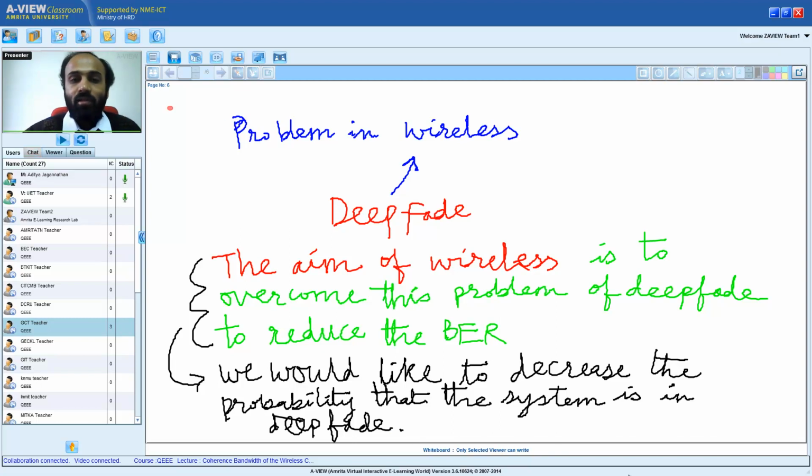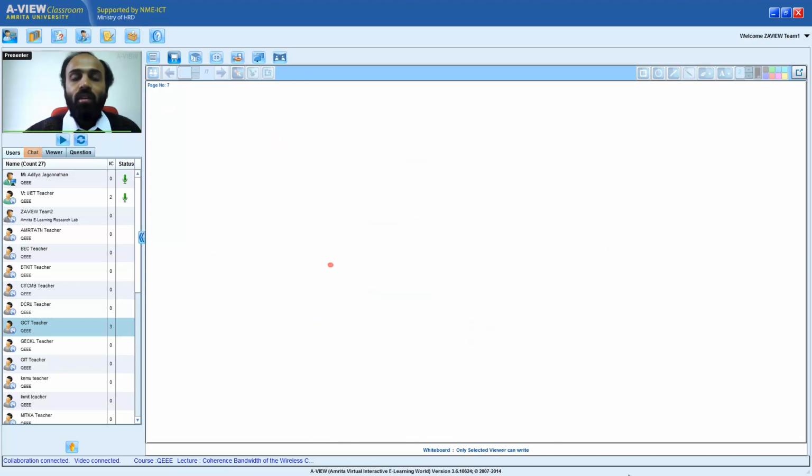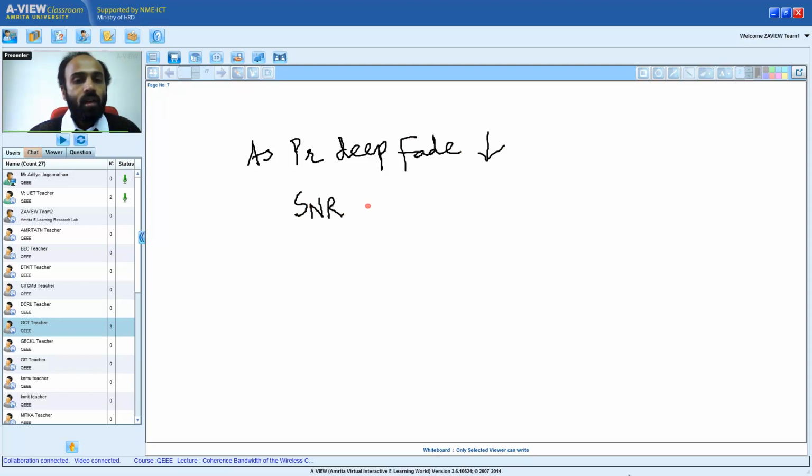So basically, if I have to represent it by a figure, as the probability of deep fade decreases, SNR at the receiver improves.